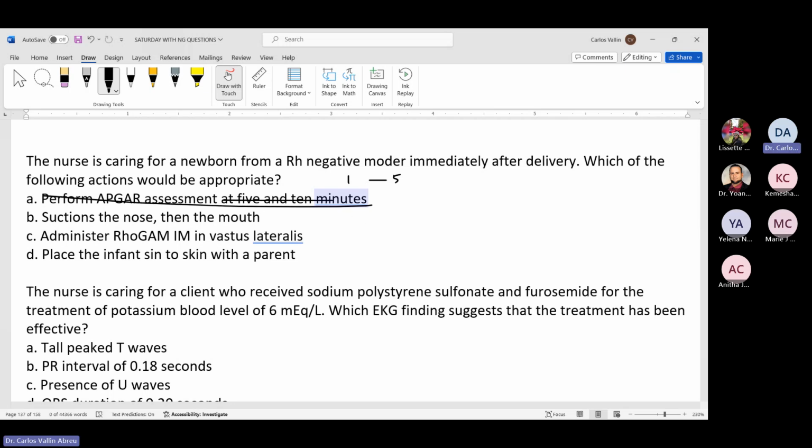When the baby is born, first we suction the mouth, and then we suction the nose. It's very important that the first thing we do when the head of the baby comes out from the opening of the vagina is to suction the mouth.